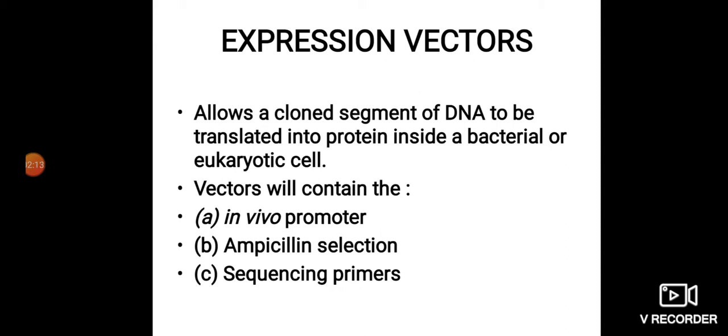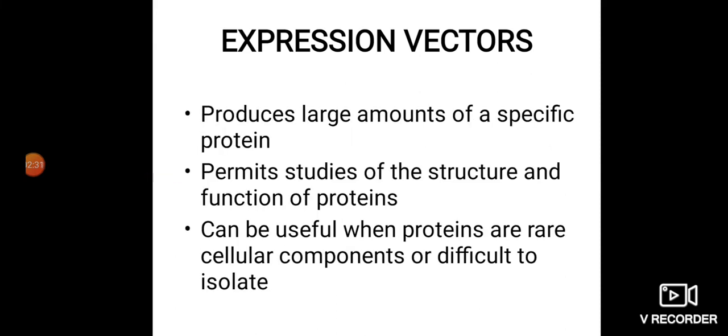The characteristics are that it should have an in vivo promoter which can induce synthesis of a particular mRNA by the gene construct. There should be a selection marker. There should be a sequencing primer which can be used for sequencing.